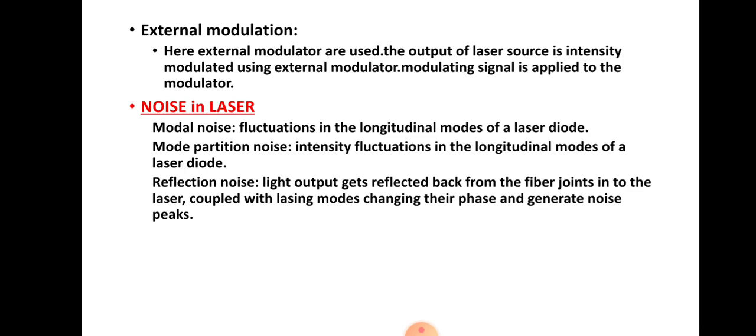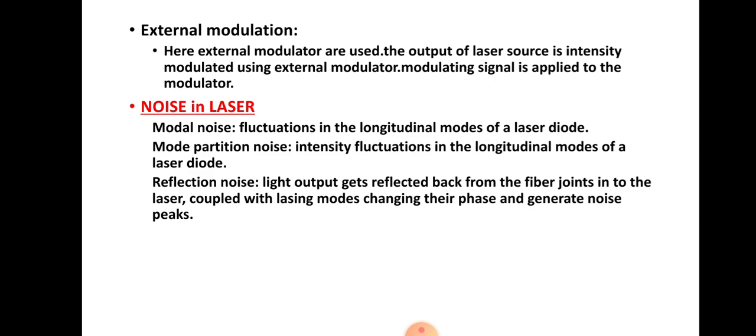Next, we will discuss the noise in lasers. The different types of noises in lasers are modal noise, mode partition noise, and reflection noise. Modal noise represents fluctuations in the longitudinal modes of a laser diode, and mode partition noise is due to the intensity fluctuations in the longitudinal modes of a laser diode.